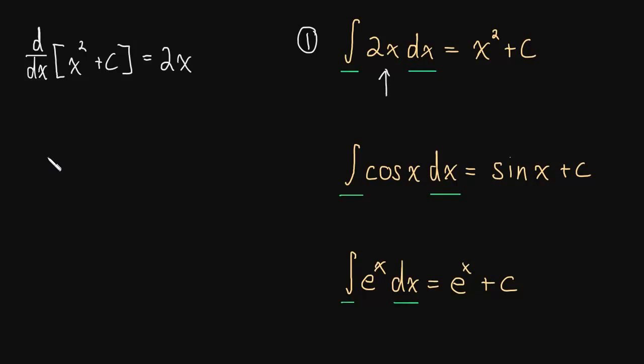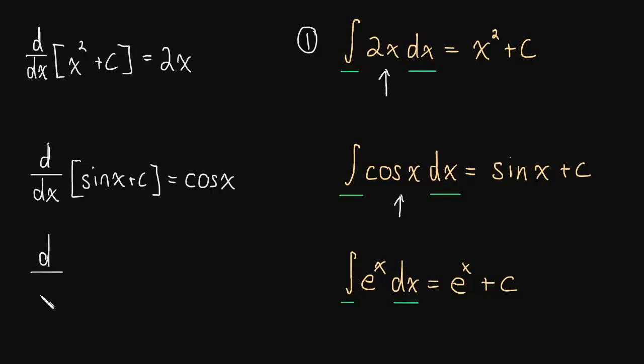We could do that with all of these. Take the derivative of sine x plus c. The derivative of sine is cosine, and the derivative of c is 0, so we're just left with cosine, exactly what we took the antiderivative of. The last one we can verify works out the same: the derivative of e to the x plus c is e to the x, since the derivative of e to the x is e to the x and the derivative of c is 0.